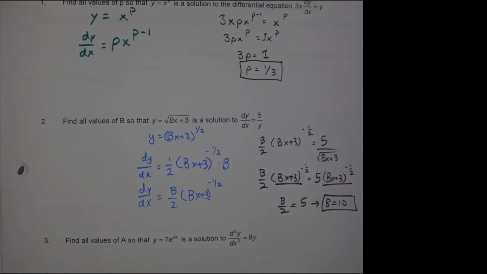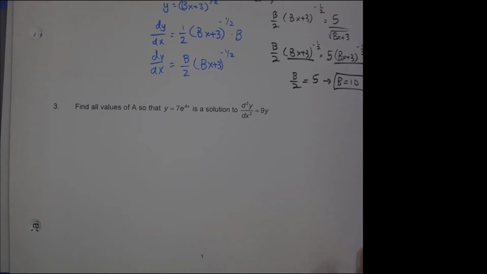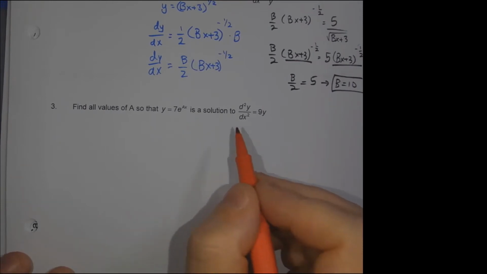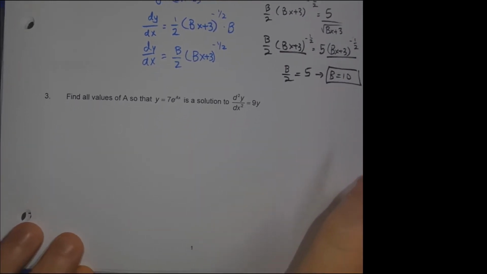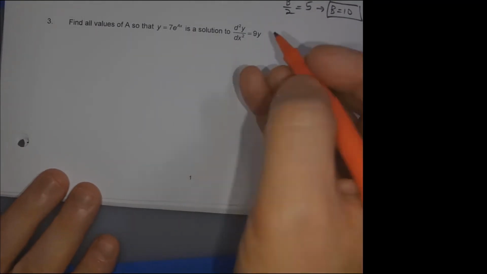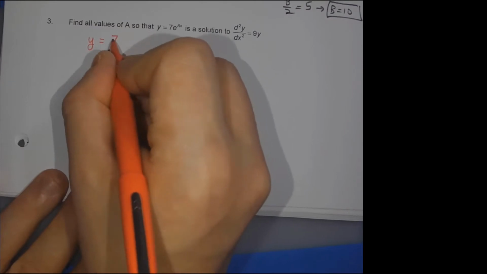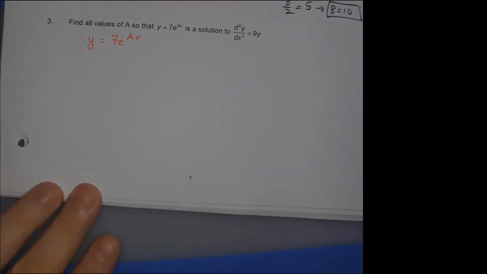So now for our last one, let's try finding all the values of a that make y equals 7e to the ax a solution to this second derivative differential equation, a second order differential equation we would say. So y equals 7e to the ax.